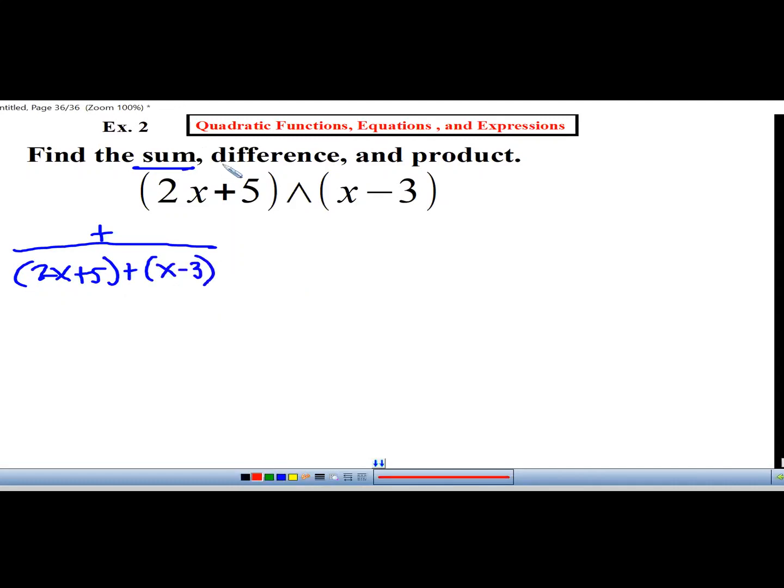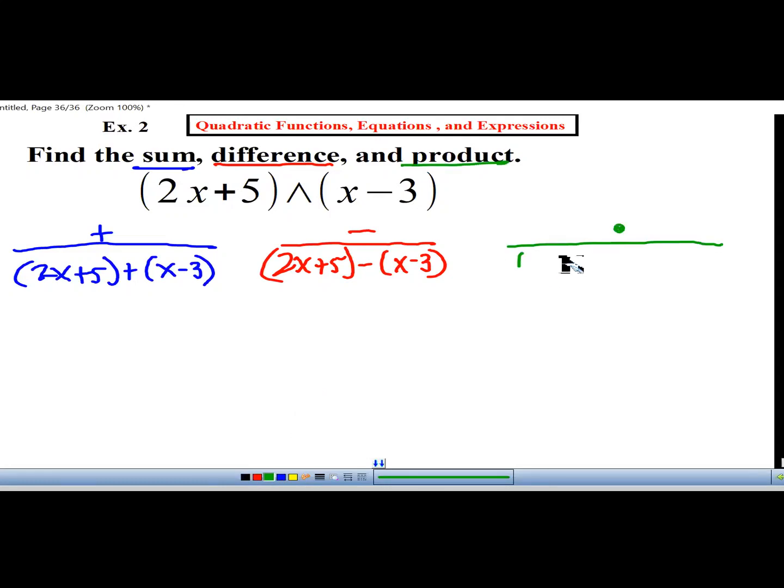For the difference, we're going to do a subtraction here, and we're going to do that in red. 2x plus 5 minus x minus 3. And for the product, I'm going to put a big dot for multiplication, and we're going to do that in green. 2x plus 5 times x minus 3.